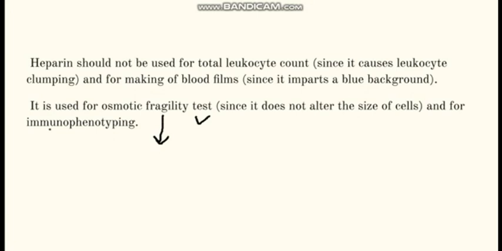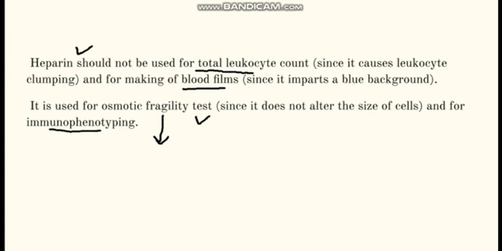Next we see the mechanism involved in heparin. It increases the activity of antithrombin 3, resulting in the inactivation of factors 2A and 10A, and the action is seen both in vivo and in vitro.